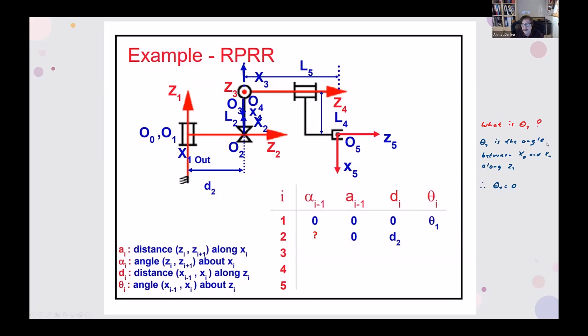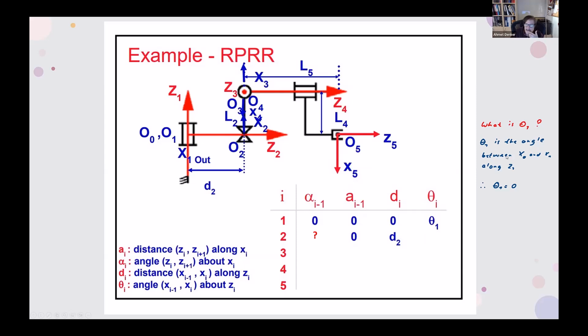And what about theta 1? So alpha is 0. Alpha 1 is 0. Let me answer, because there are two questions. One is here, one is here. But first of all, let's answer theta 1.